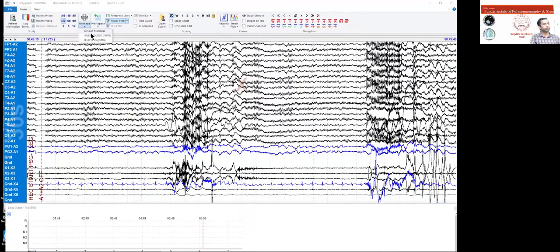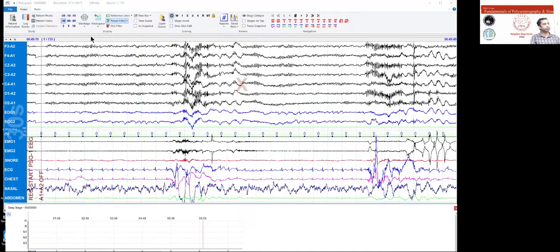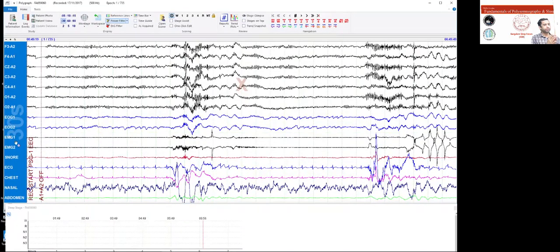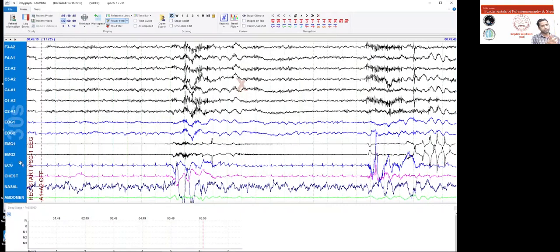You can see the montage, what kind of montage we are using here. There are different electrodes and derivations, EMG, EMG, like that. SPO2 is also there, but we are not using it here for sleep stage scoring. Only the EEG, EOG, and EMG electrodes we will use for the scoring part.